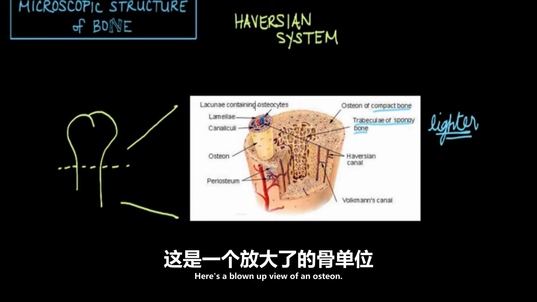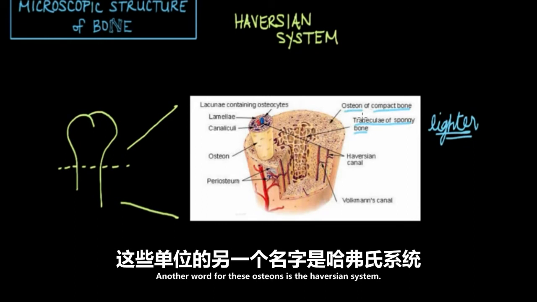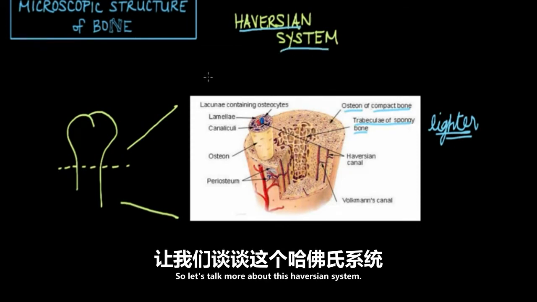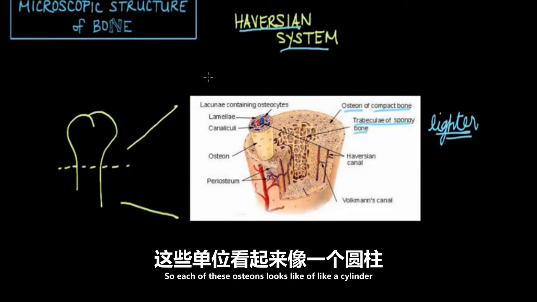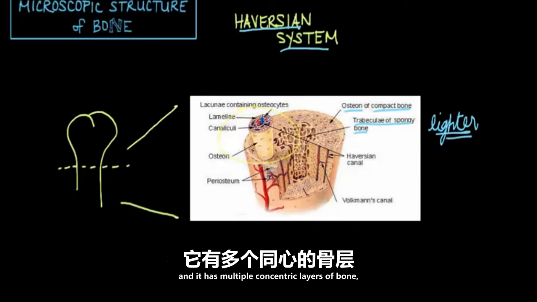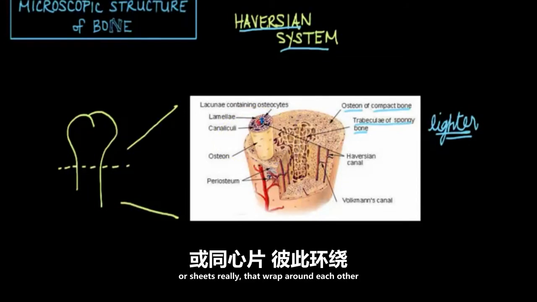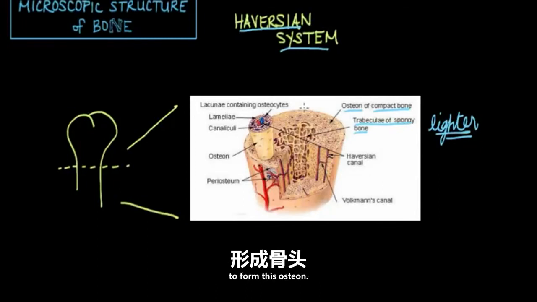And here's a blown up view of an osteon. Another word for these osteons is the Haversian system. So let's talk more about this Haversian system. Each of these osteons looks kind of like a cylinder, and it has multiple concentric layers of bone, or sheets really, that wrap around each other to form this osteon.